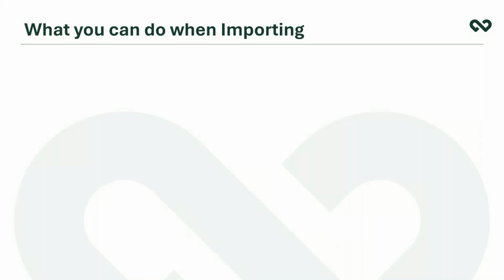If you watched our last webinar, you may remember what I said that you can do when importing data. One of the key things is that you can create new records. Creating new records via import saves you time and helps reduce potential human error, especially if you've got hundreds of people that need to be added to your database.